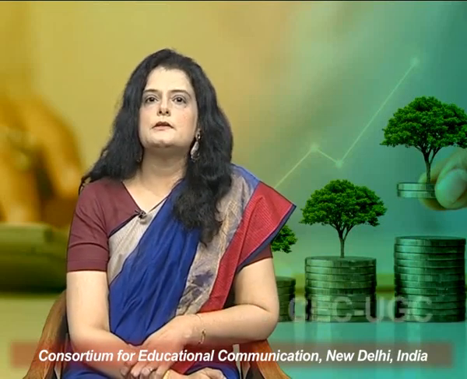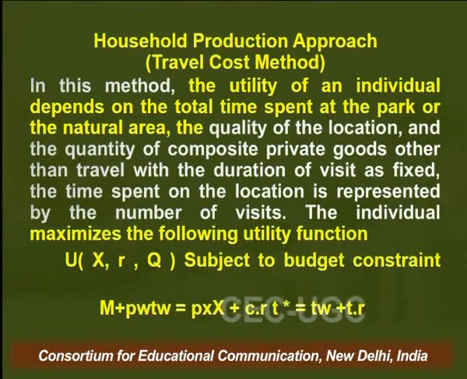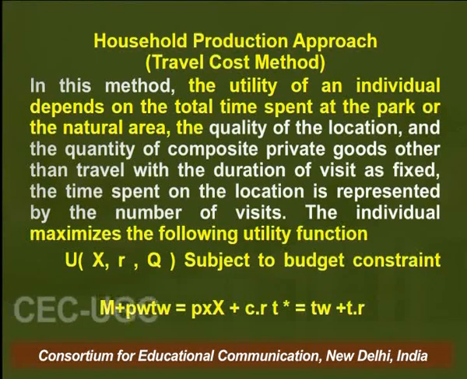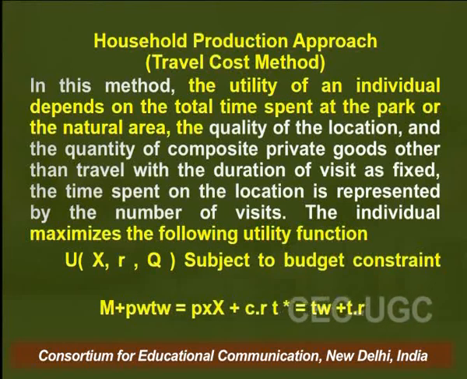In this method, the utility of an individual depends on the total time at the park, how much time you've spent in the natural area, the quality of that location, and the quantity of the composite private good other than travel, with the duration of the travel as fixed. The time spent in the location is represented by the number of visits you're making.